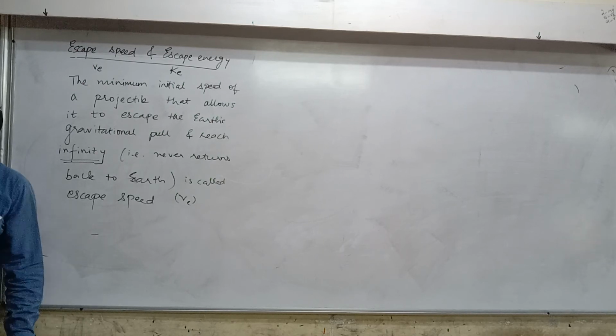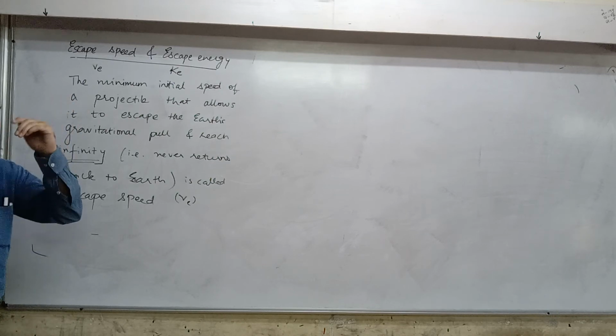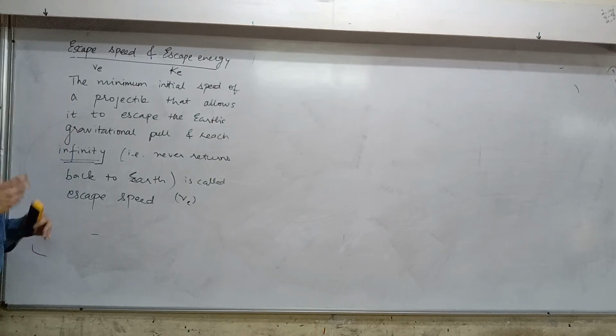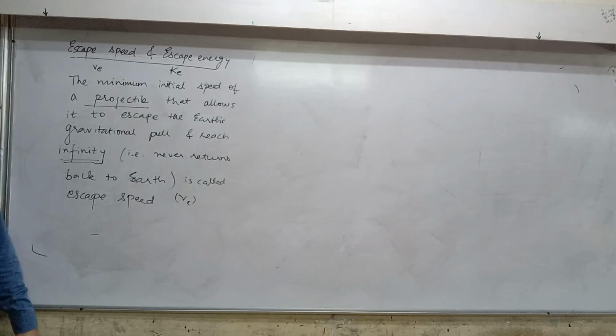One common confusion in many people's minds is that this is the minimum speed required if you want to escape the Earth. No, it's not, because you are missing a key word: projectile.